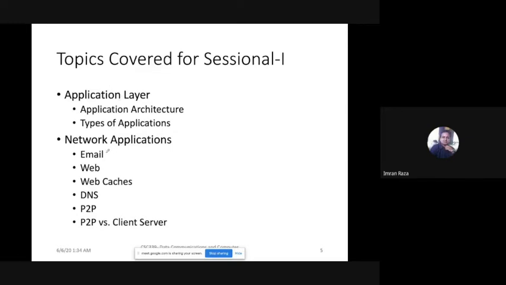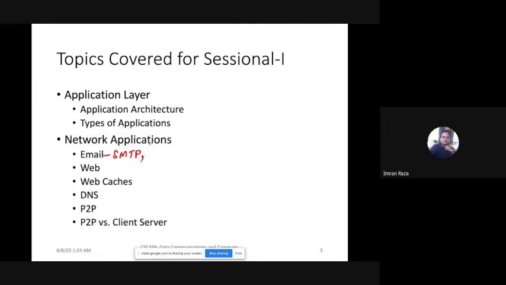For example, we talked about email, and while talking about email, we covered different protocols. For example, we talked about simple mail transfer protocol, SMTP, and how mails are transferred from client machine to server and from one server to the other servers.